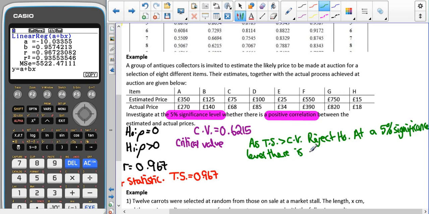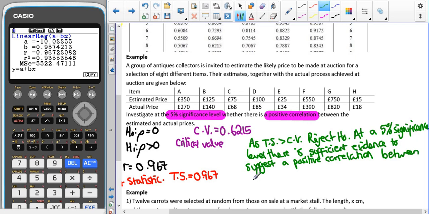So we say that there is sufficient evidence to suggest a positive correlation, and then we have to add in the context from the question. So it was between the estimated and actual price of the antiques.